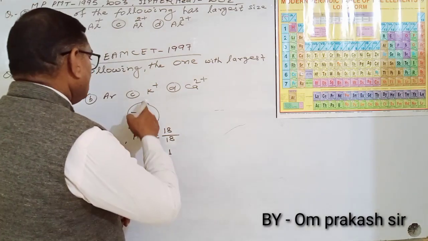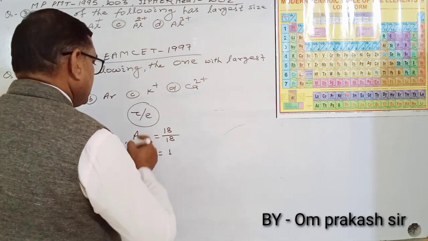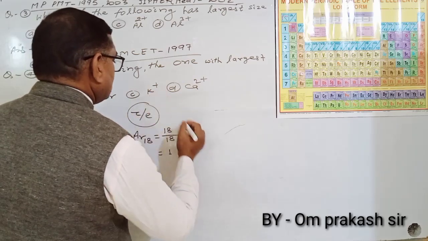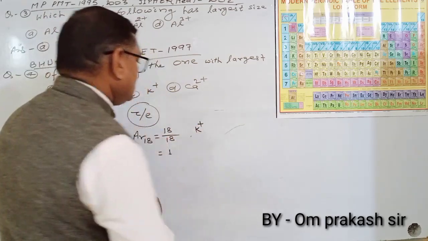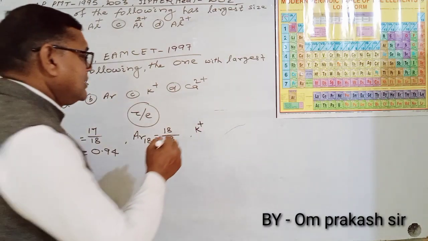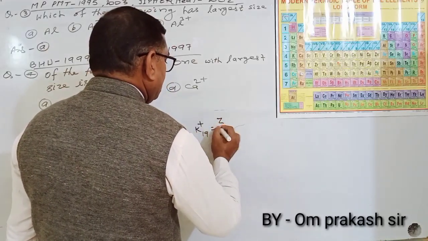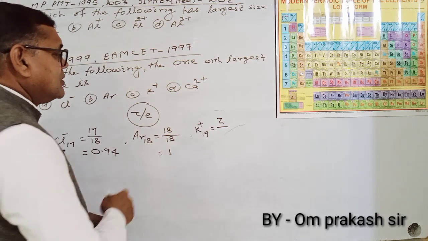Now potassium ion. The atomic number of potassium is 19. This value is Z, and we write here 18.